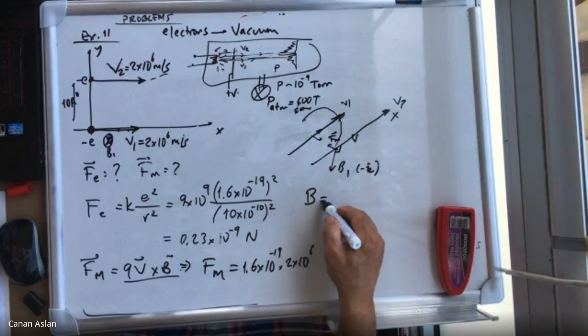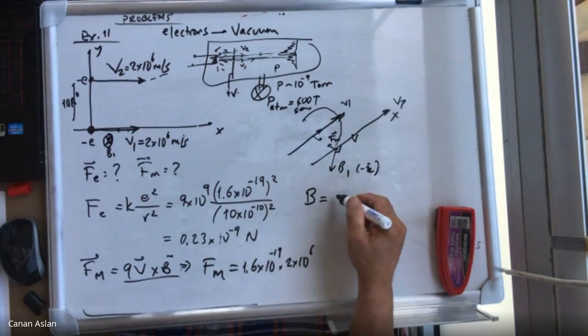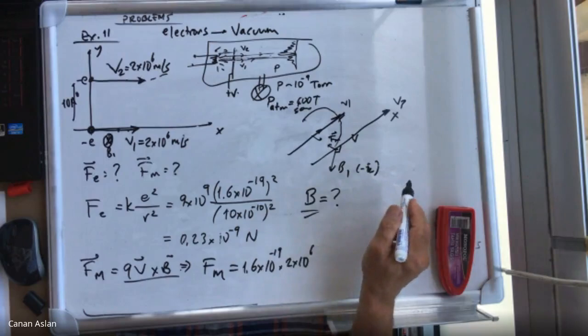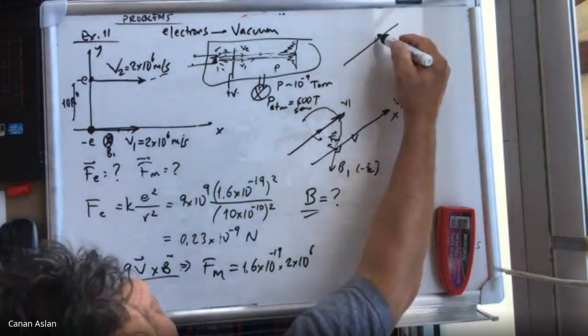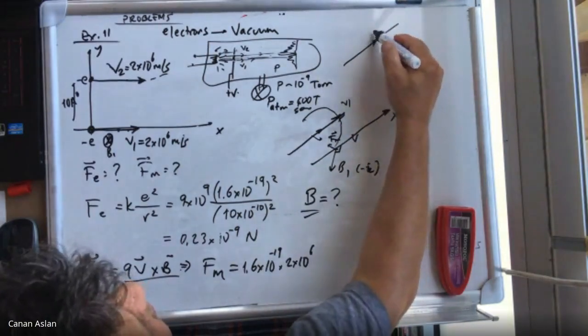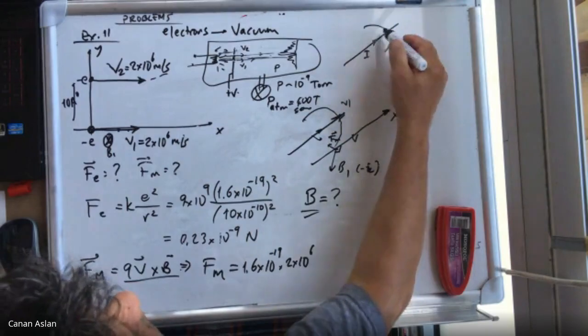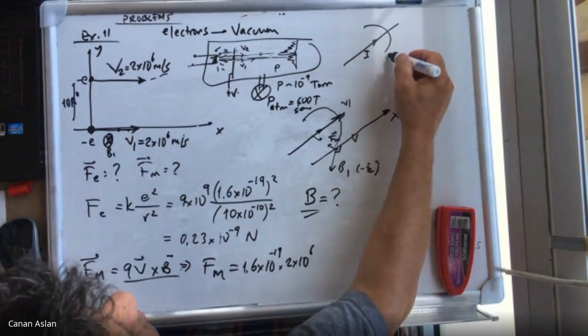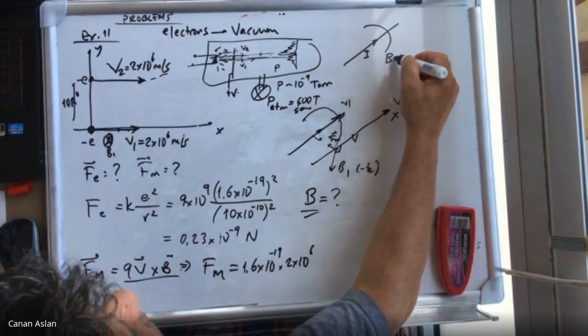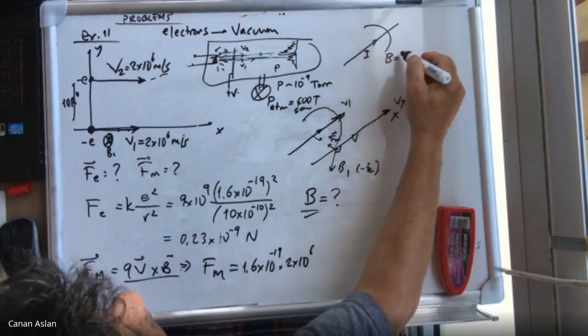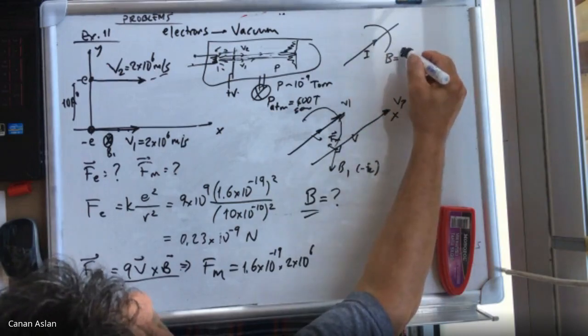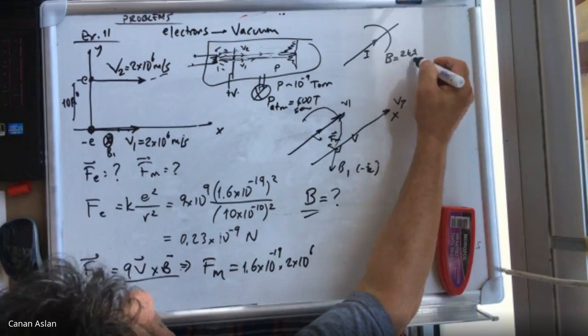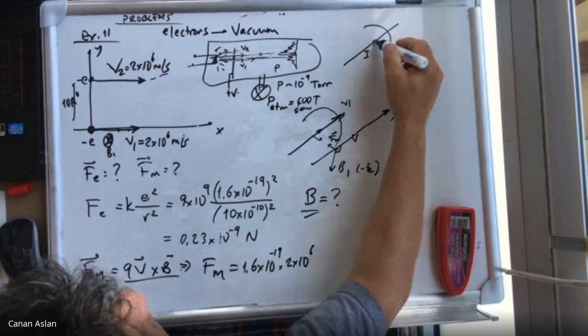The magnetic field should be found by how? How do we find the magnetic field? If the current passes through here, then the magnetic field is given by 2k lambda over r, where r is the distance.